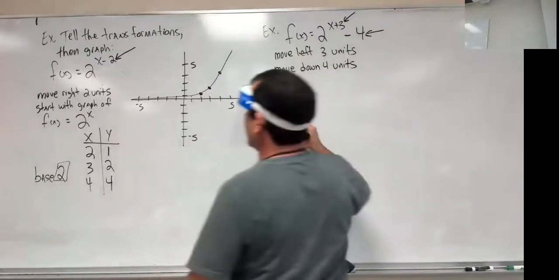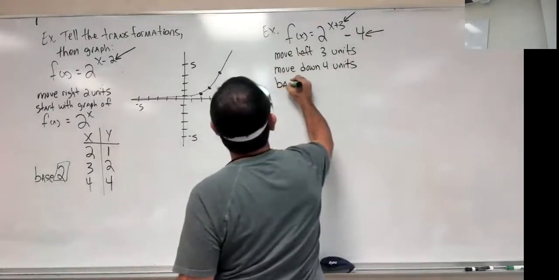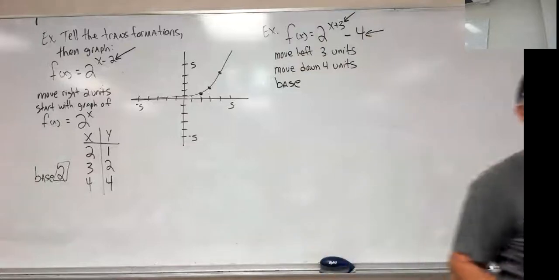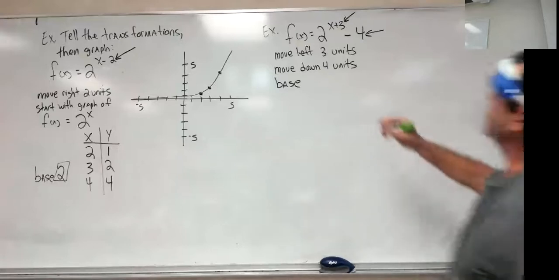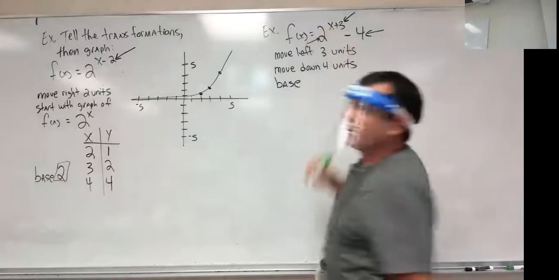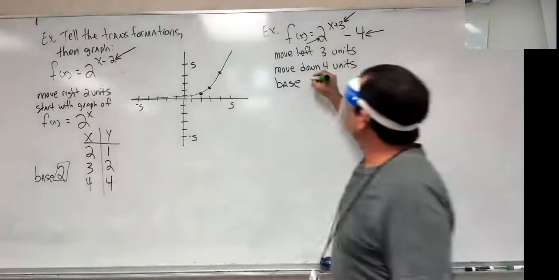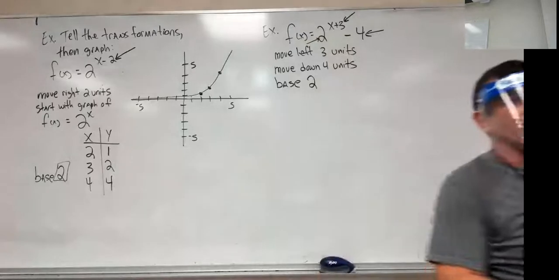So what would be my base on this one? So the base is still going to be the number you're hitting with them exponents. So the base is a 2, okay?